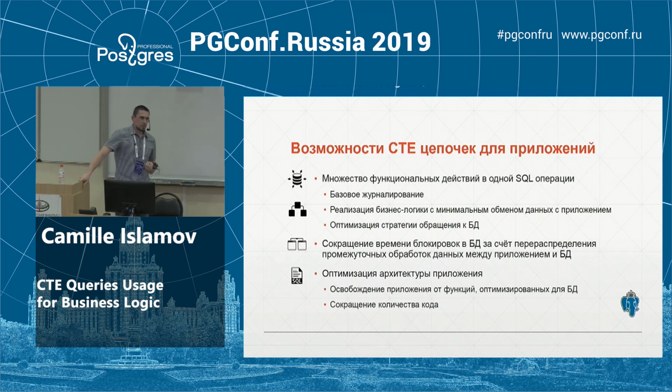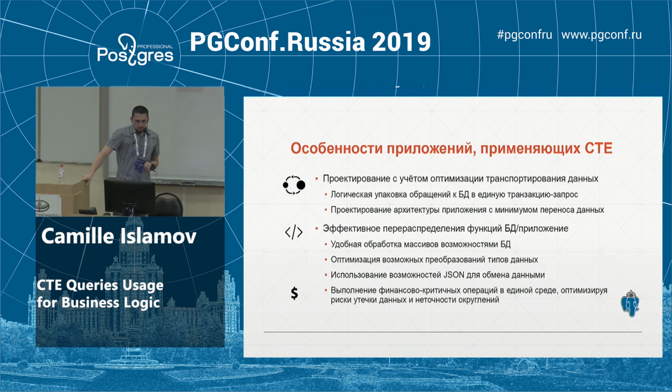The lesser amount of queries from applications to the database. If initially we plan the business logic from the point of view of minimum queries to the database, we can bring over some business operations to the backend and execute them inside the chain and get some profit out of this activity.